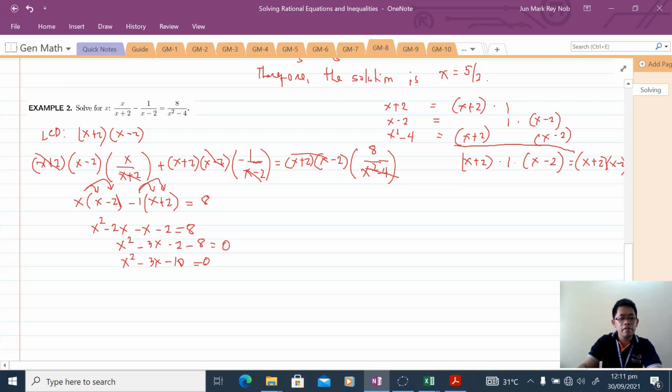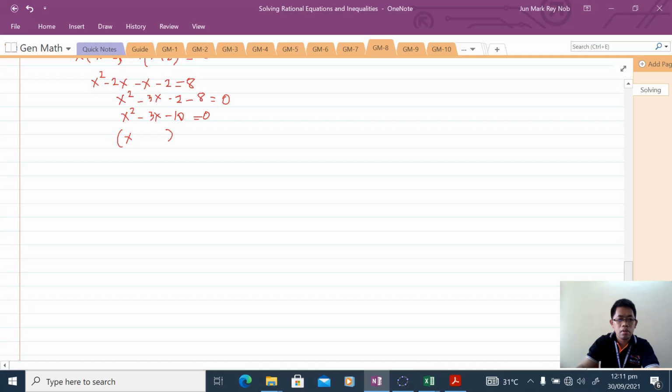The factors of x squared are x and x. And then the factors of negative 10 such that the sum is negative 3 are negative 5 and 2.